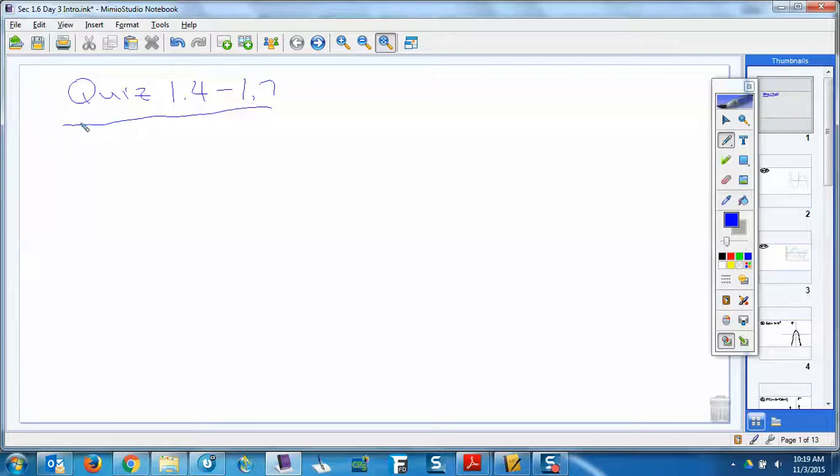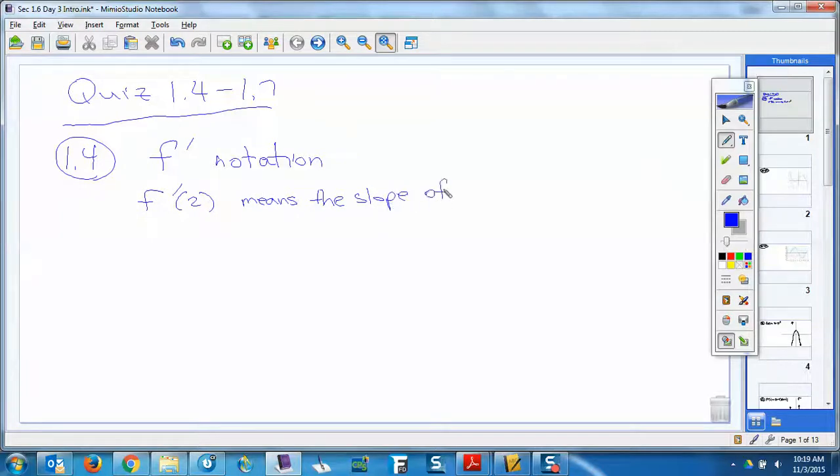All right. So if we talk about 1.4, that was when we got introduced to the F prime notation. Understanding that F prime of 2 means the slope or the instantaneous rate of change of F at x equals 2, right?